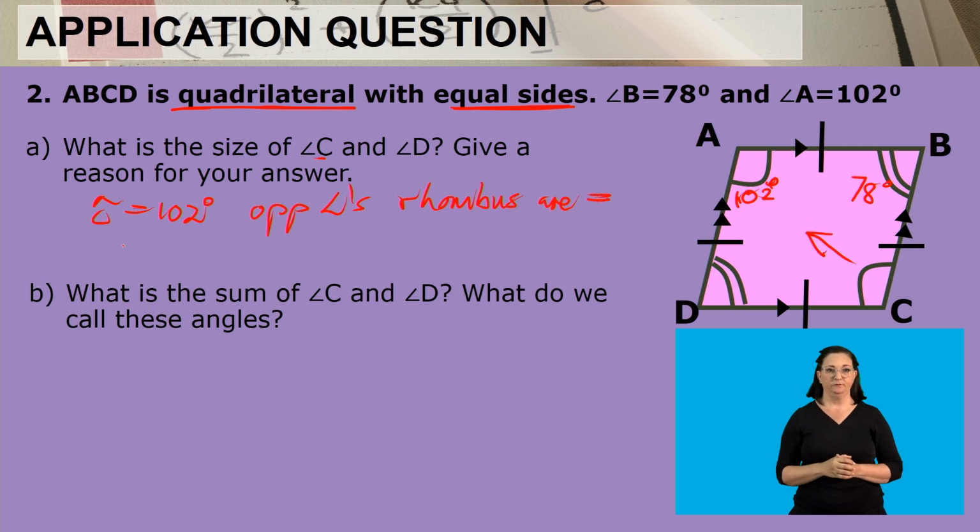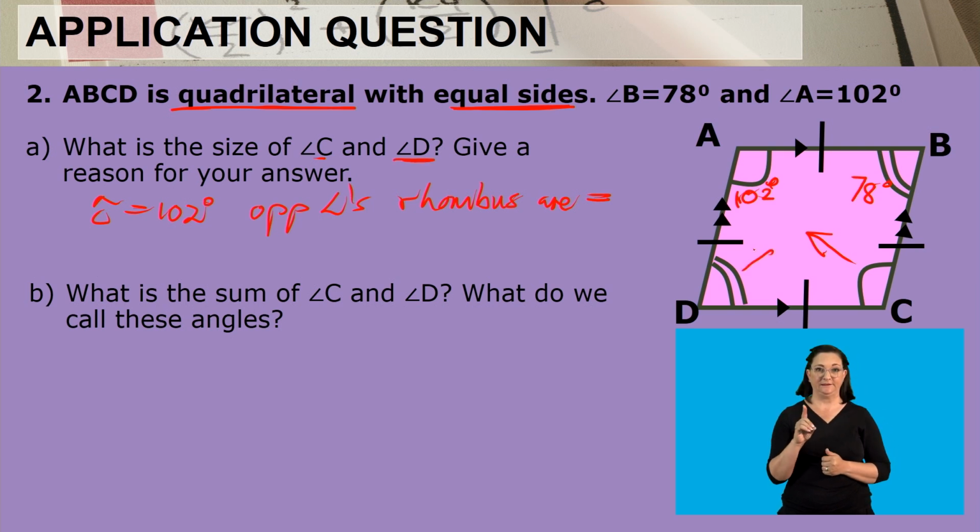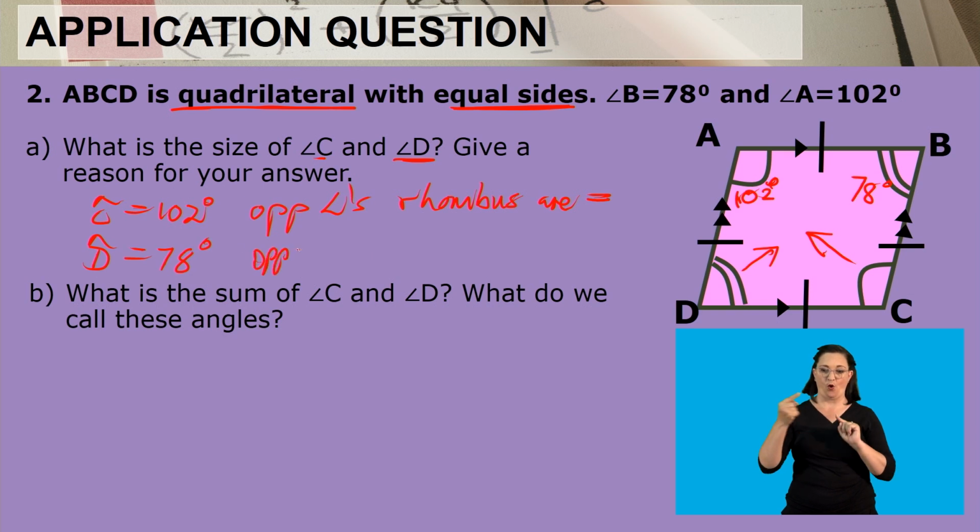Then let's look at the next one, which is angle D. Angle D is opposite 78 degrees, which is B. Therefore, angle D is also equal to 78 degrees because the opposite angles of a rhombus are equal.